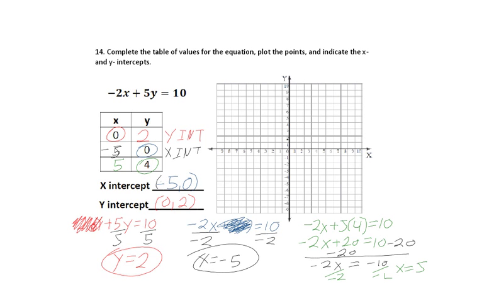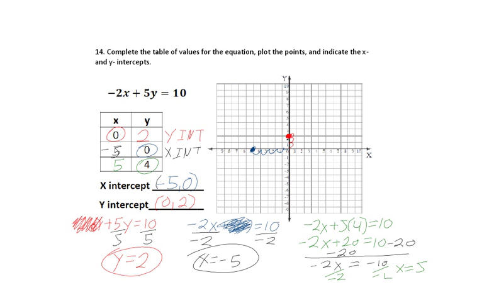We're now ready to plot the points. So 0, 2 means go 2 straight up. Okay, 1, 2. Put a big red dot right there. Negative 5, 0 means go 5 to the left. 1, 2, 3, 4, 5. Big blue dot right there.